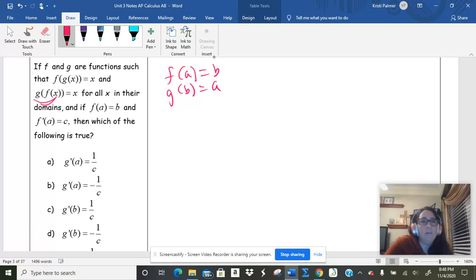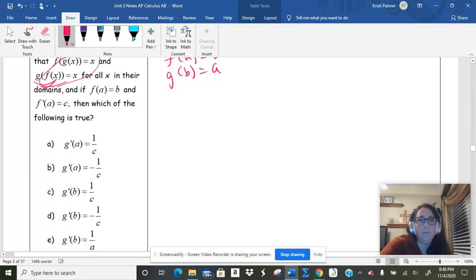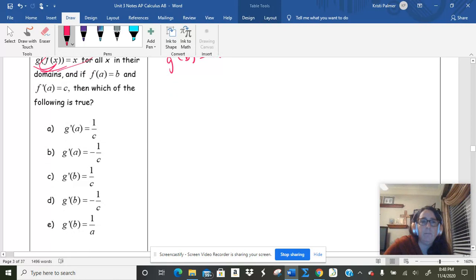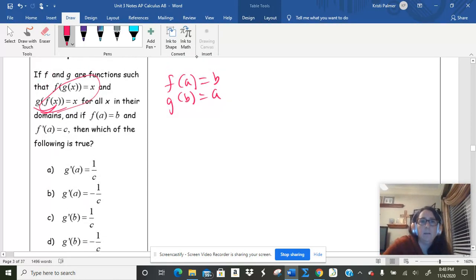All right, so they told me that these guys are inverse functions. That's what this is basically telling me here, that f and g are inverses because their compositions of each other equals x. And then they told me f of a equals b.